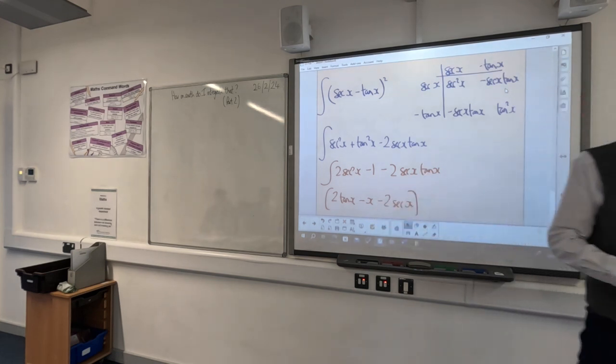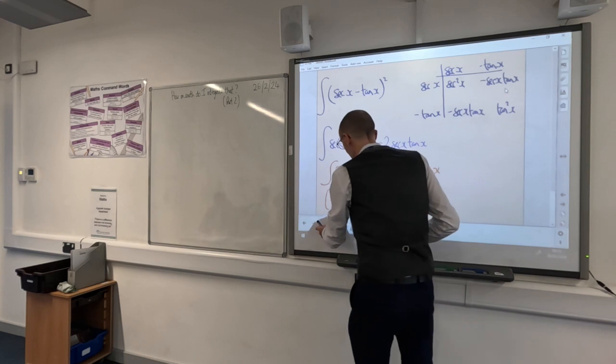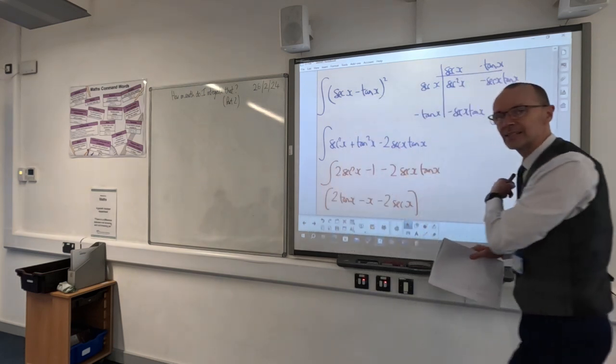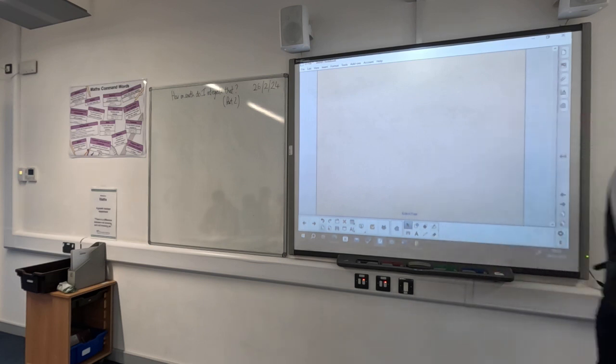And that's always where I would first go. If I got something, particularly something tricky, to integrate and I wasn't really sure, like, for example, sec x tan x, always start with your formula sheet.